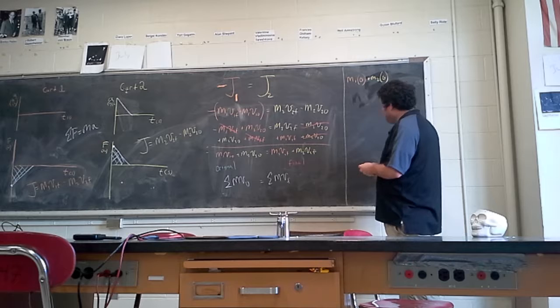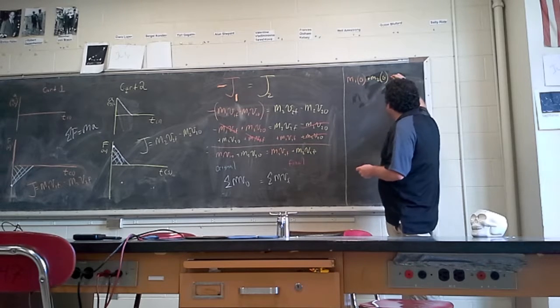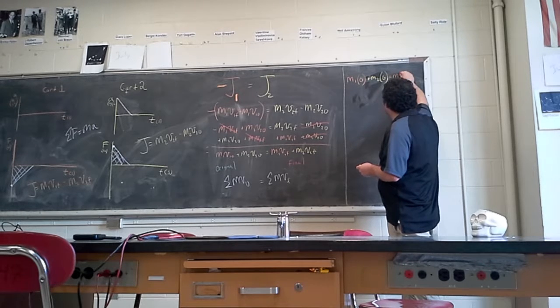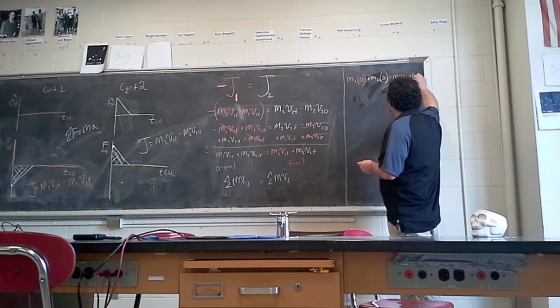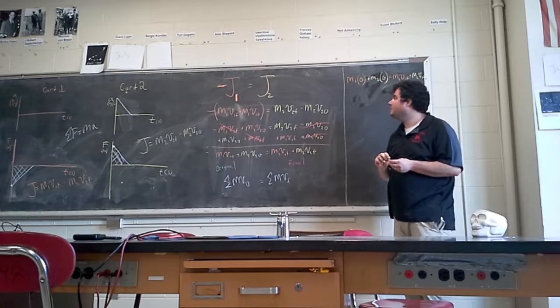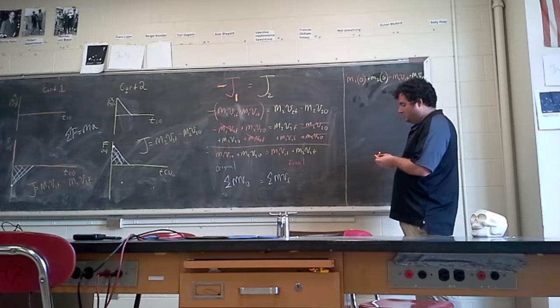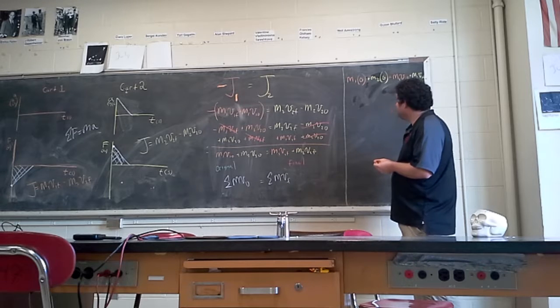So we ended up having no original momentum. And that had to be equal to our final momentum, m1v1f plus m2v2f. So 0 equals m1v1f plus m2v2f.